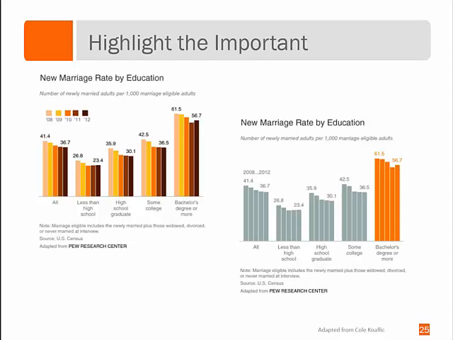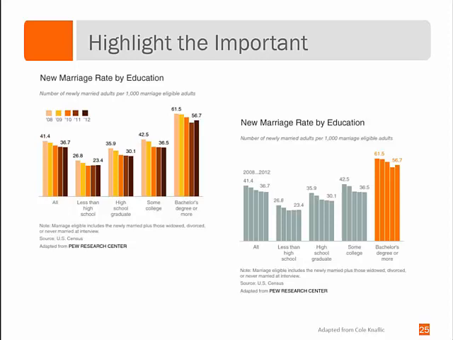Highlighting the important. Okay, so what we see here, we start off with a bar chart, new marriage rate by education. So this was provided, originally, from the Pew Research Center. It was then adapted by Cole Knaflic, who basically recut this particular data visualization, and we'll explain how.